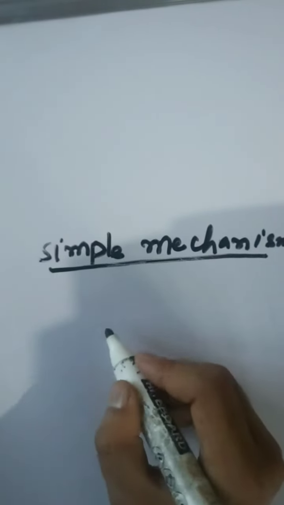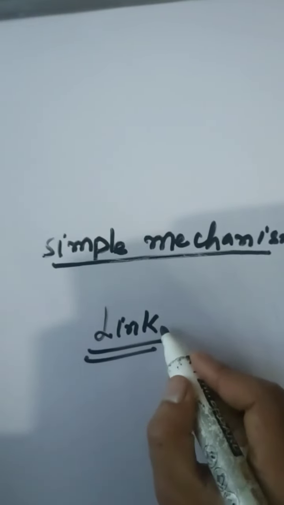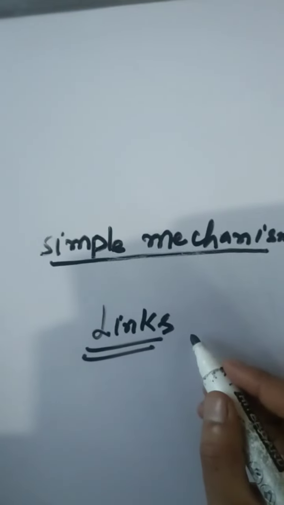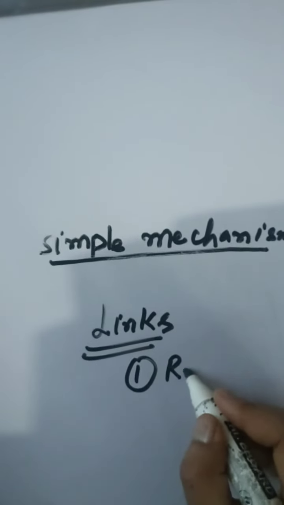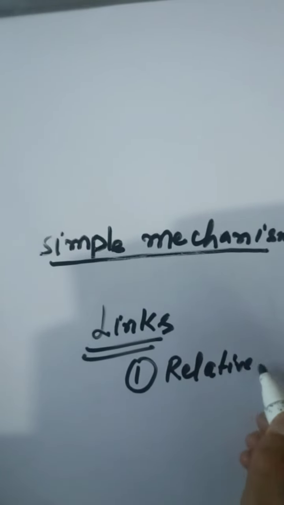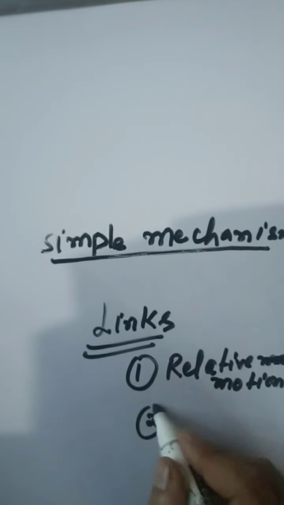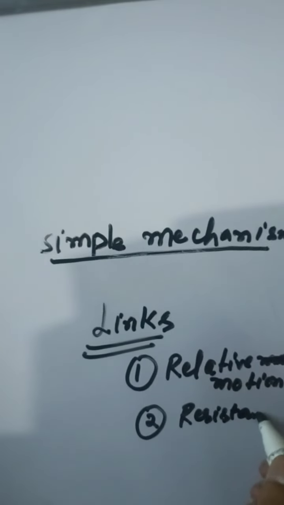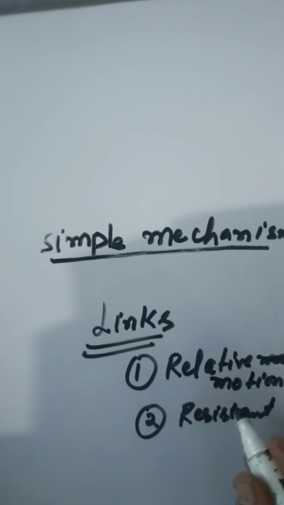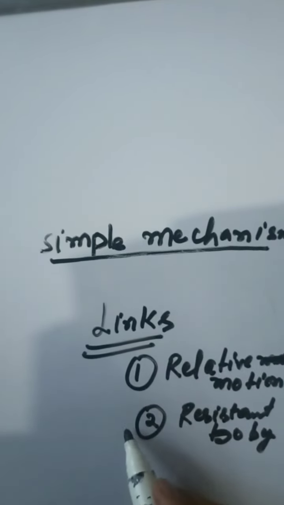Now we see another thing in the links. In links, there are two things. First thing is that it should have a relative motion, which I said earlier too. Another, it should be a resistant body. What is a resistant body?